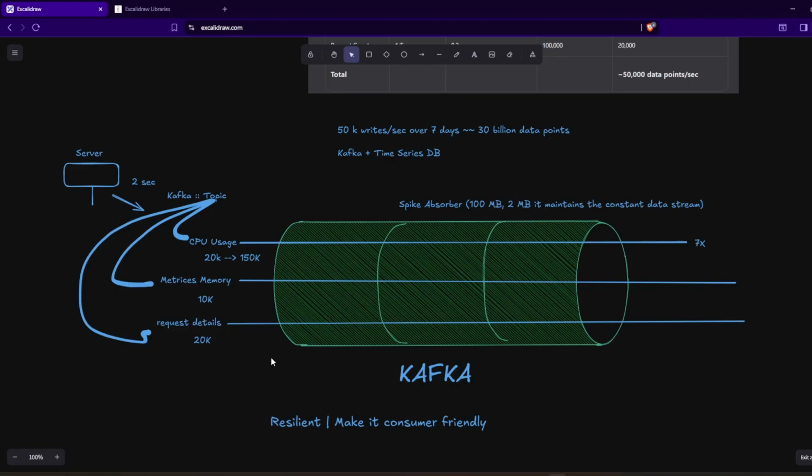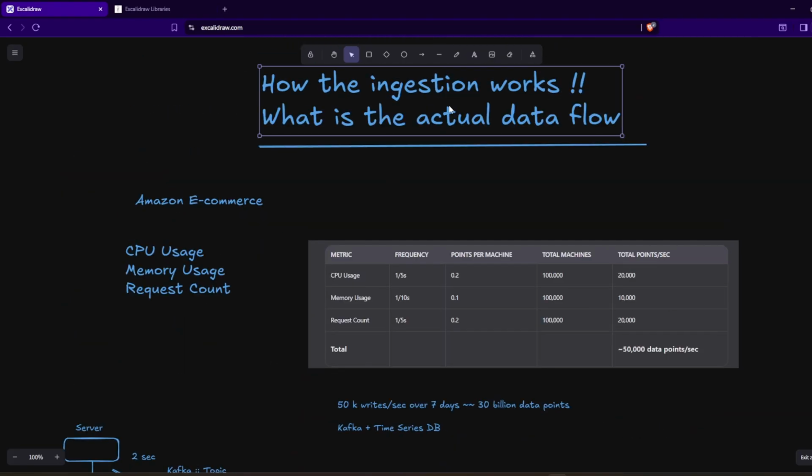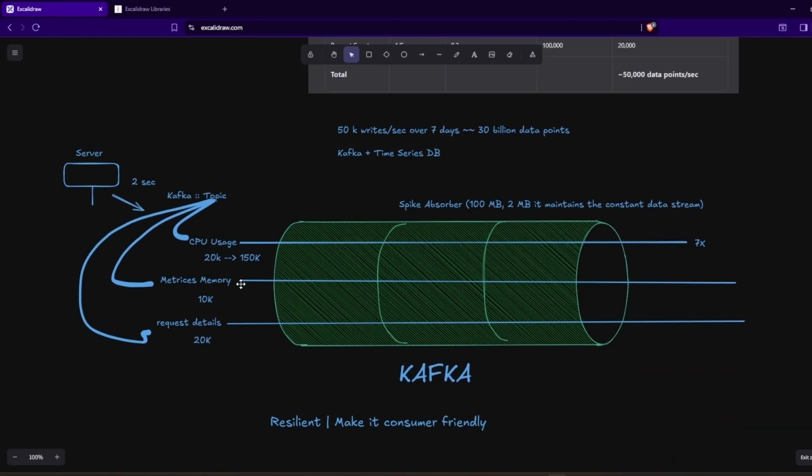So yeah, now I think it is clear to you how exactly ingestion works. Ingestion works through a message broker, and it doesn't really matter how many new data points we are sending. We segregate those data points, and we maintain a flow of data stream by using Kafka.